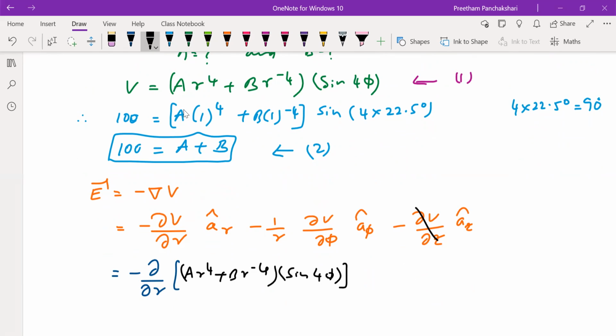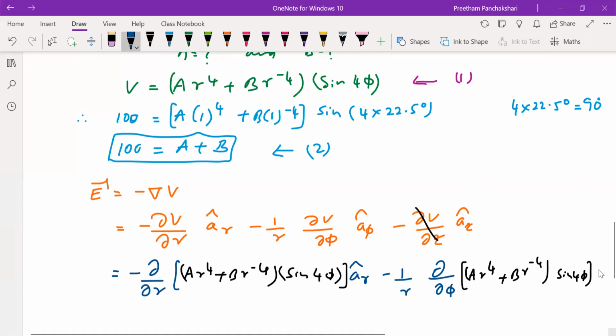E is equal to minus, dou by dou R of V, A cap R, minus 1 by R dou by dou phi of again V, which is A into R power 4 plus B into R power minus 4, sine 4 phi.